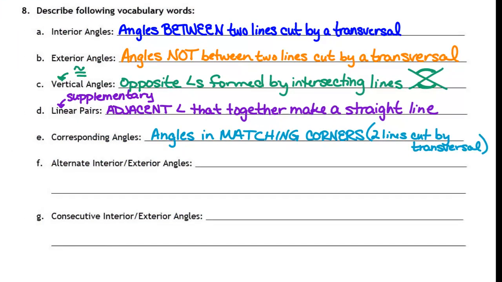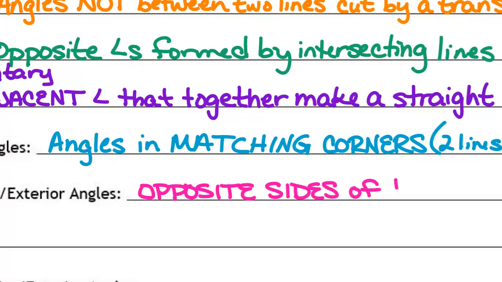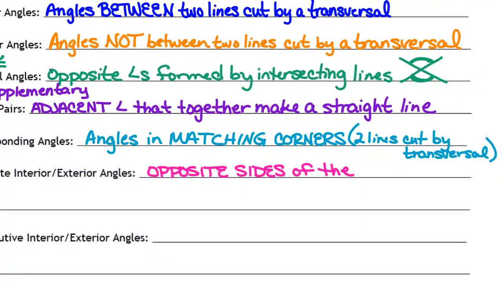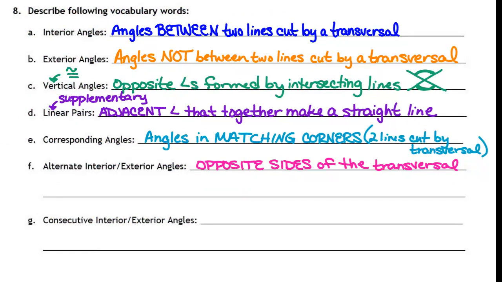Alternate interior, alternate exterior angles. These are angles that are on opposite sides of the transversal, and each touching a different line intersected by the transversal.